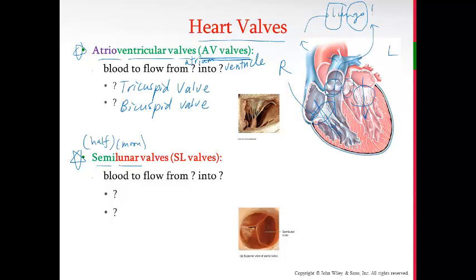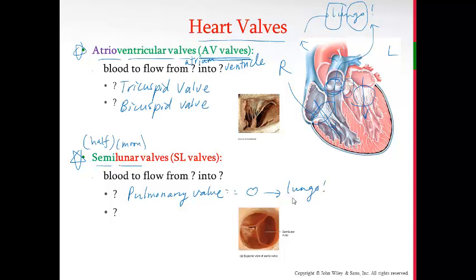So we call these valves the pulmonary valve. So the pulmonary valve will allow the blood to go from the right ventricle through the pulmonary valve, through the pulmonary trunk, and eventually to the lungs. So it allows the blood to flow from the heart to the lungs.